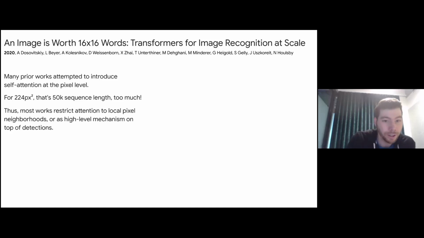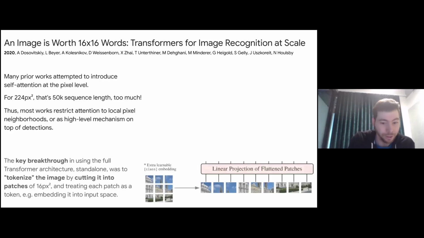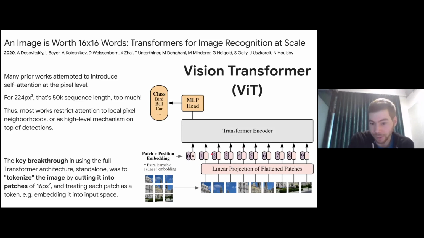The key breakthrough there was actually to take the image and not treat pixels as tokens, but decide to treat patches as tokens. Like, for example, cut the image into patches of 16 by 16 pixels. And then each patch, just linearly project it such that we have a vector, and now we have our sequence of tokens. And this sequence is not crazy long anymore, and each token has a little bit of meaning itself, right? And then send this just to the regular transformer encoder with position embedding added, like everything that we know.